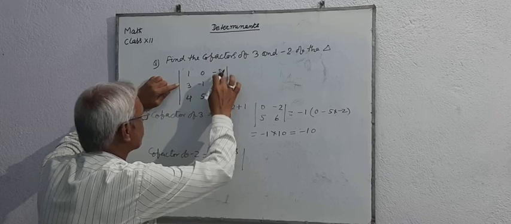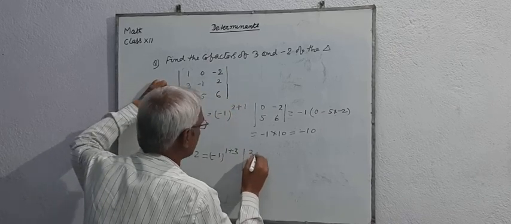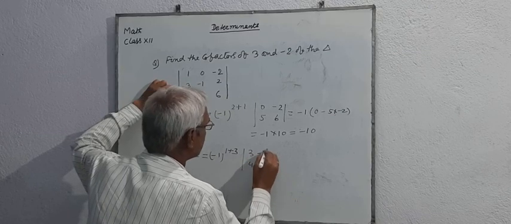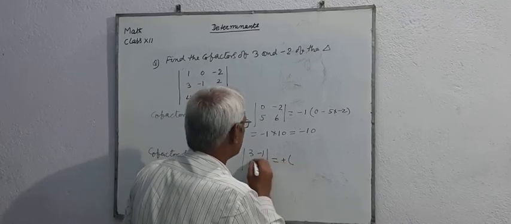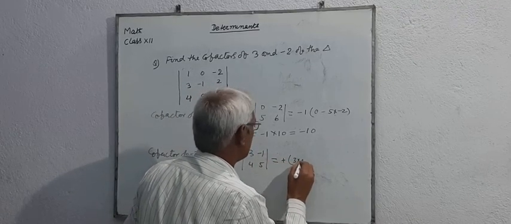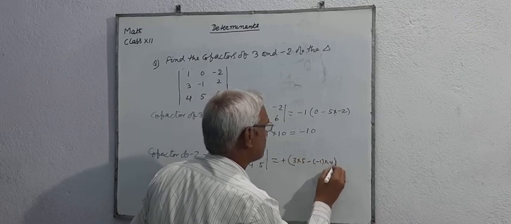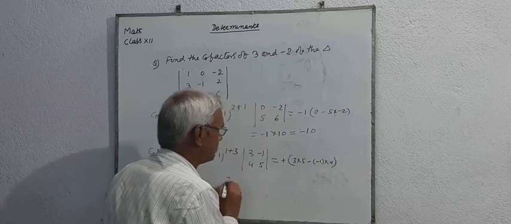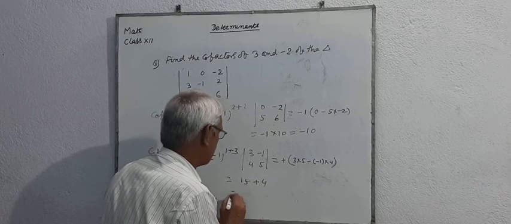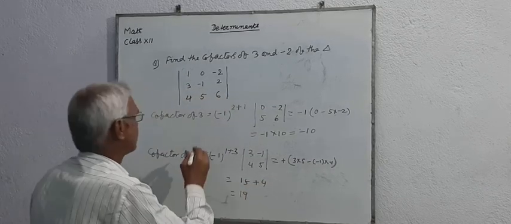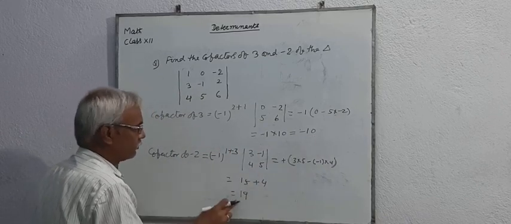First eliminate the first row and third column; we get the second order determinant 3, minus 1; 4, 5, equal to minus 1 to the power 4 into (3 into 5 minus minus 1 into 4), equal to 15 plus 4, equal to 19. That means the cofactor of 3 equals minus 10, and the cofactor of minus 2 equals 19.